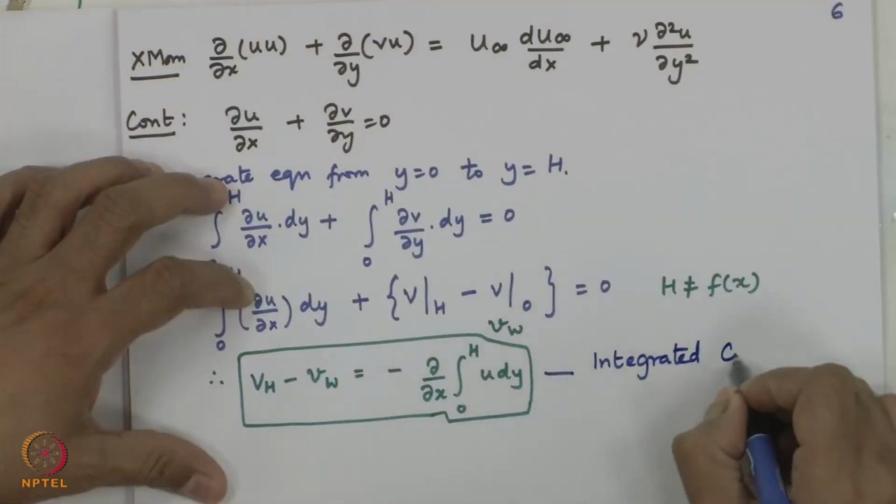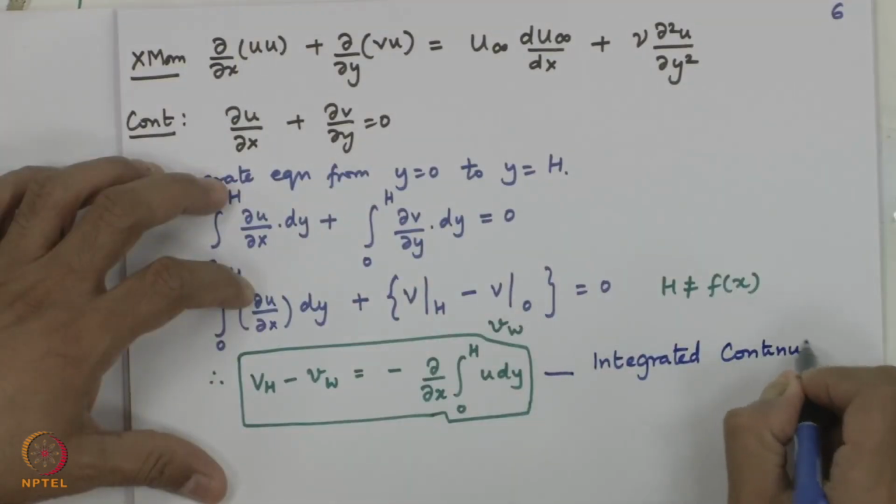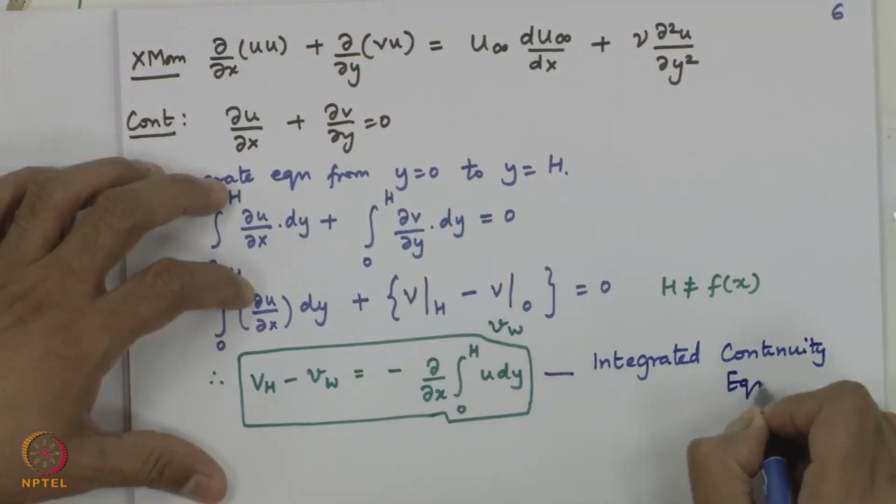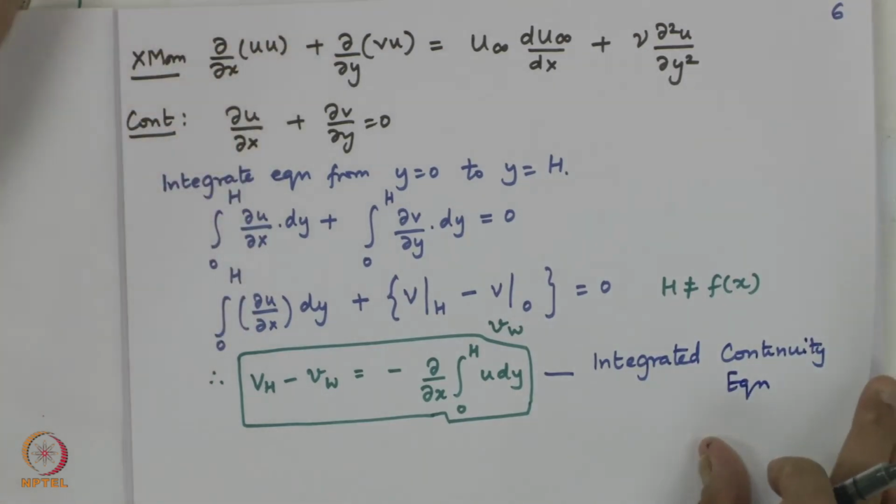Therefore, I can take h as a constant and pull the differential out of the integral sign. Now, this is your integrated continuity equation. Let us keep this aside. We need the integrated momentum equation, which we are going to do.